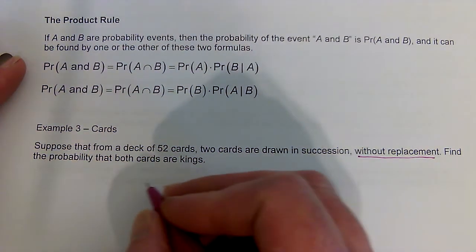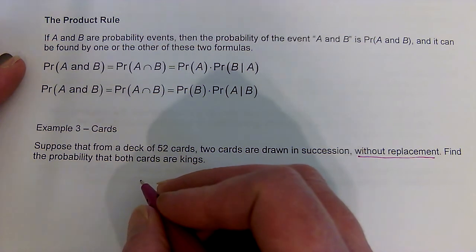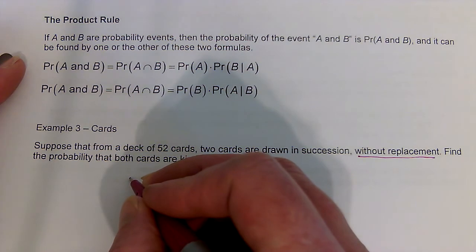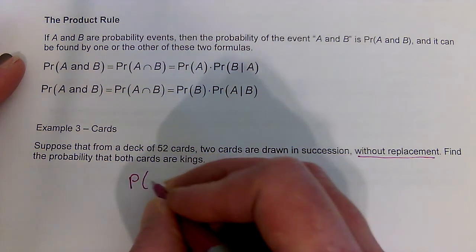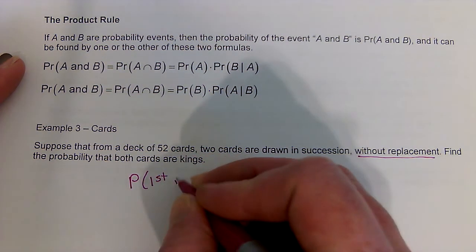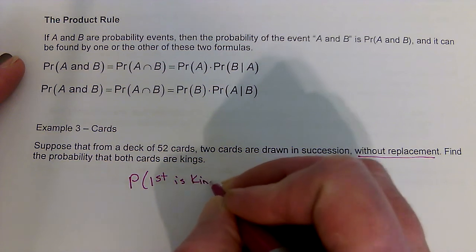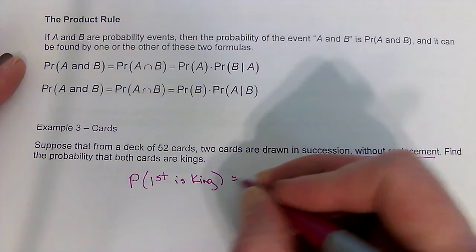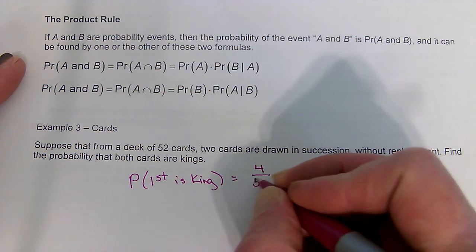So when I first go to draw the cards, let's think about this. The probability the first is a king. Well, how many kings are in a deck of cards? Well, if you didn't know, it's 4 out of 52.